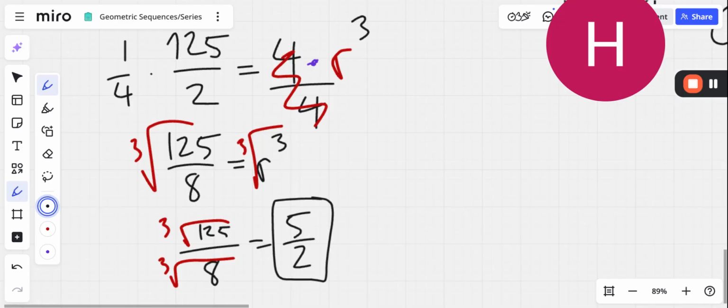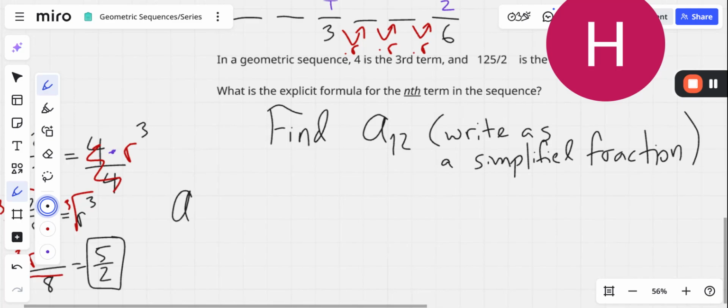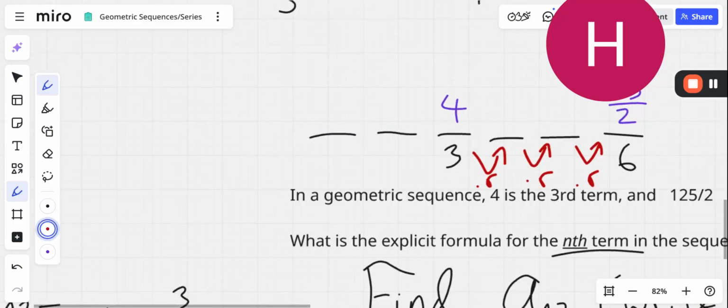We just have 5 and 2. So this is the r value, but that doesn't fill out the entire geometric sequence. We need to find the nth term of the sequence. So here's how we do this. an equals a1. What is a1? We don't know what a1 is, which means now we need to take the 4 and go backwards and divide by r.